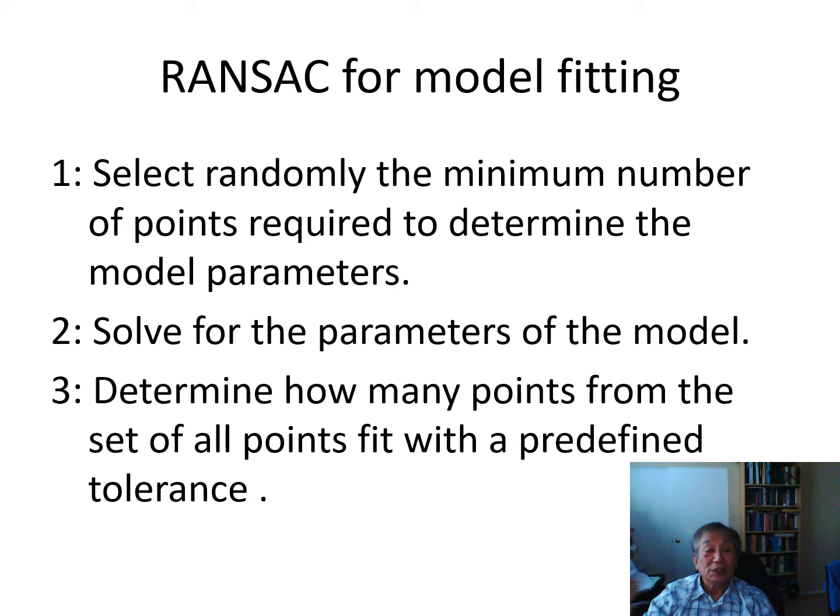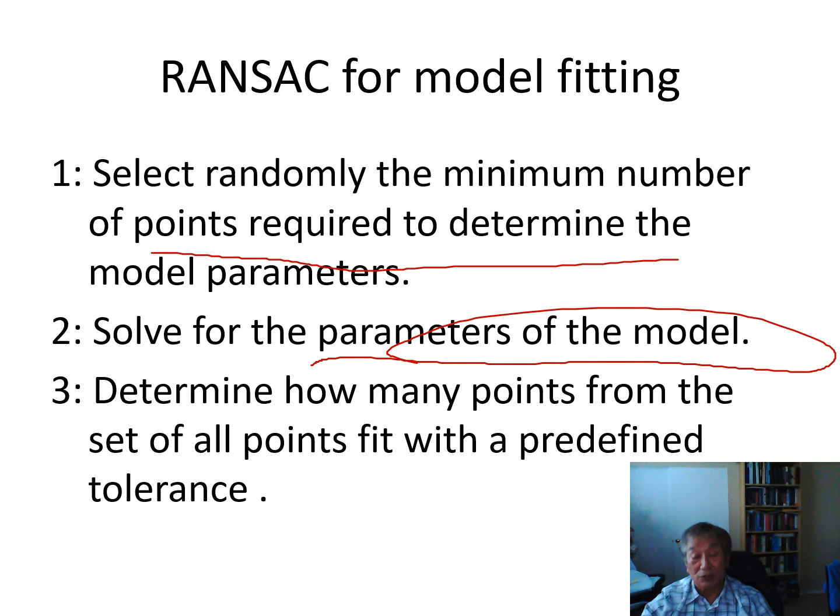So it is: select randomly the minimum number of points required, then solve for the parameters of the model from the collected data in that sample. Then you calculate A, B, C, D, depending on whether it is a circle, or a line, or an ellipse or conic. Originally they did it as a landmark that this one fits, that fits.